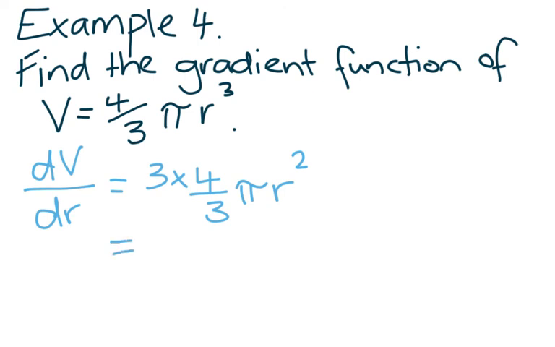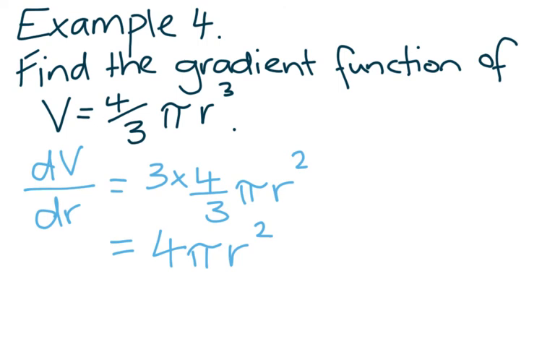And then when we do that, we just do 3 times 4 is 12. 12 divided by 3 is 4. So our gradient function for V equals 4 over 3 pi r cubed is 4 pi r squared. So you can just see in the different context, we have to use the letters that are given to us in that context.